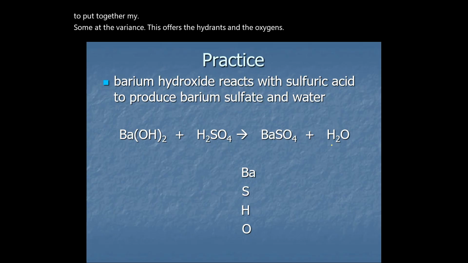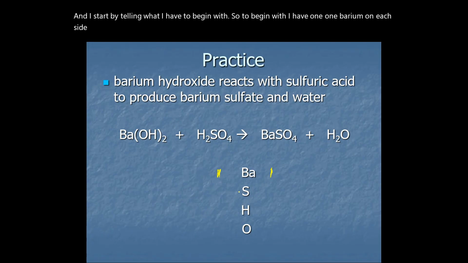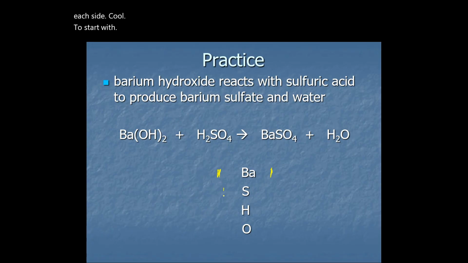And I start by tallying what I have to begin with. So to begin with, I have one barium on each side. Cool. To start with, I have 1 sulfur on both sides. Cool. To start with, I have 2 plus 2, or 4 hydrogens, and I have 2 over here in the water.